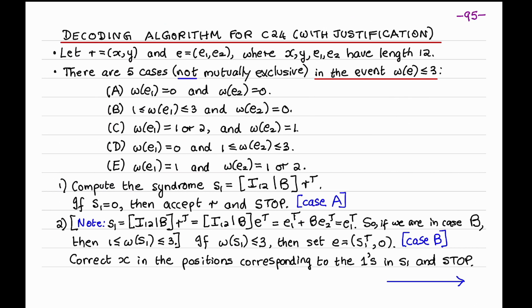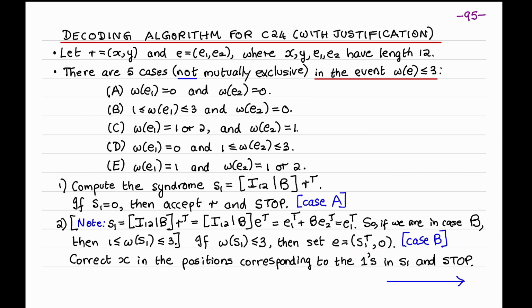So if the error vector is of type B, then its syndrome is E1 transpose, which has weight 1, 2, or 3. And thus, if S1 has weight at most 3, then we'll correct X in the positions corresponding to the 1s in S1 and stop. In other words, in this case, we're taking the error vector to be S1 transpose with 12 0 bits appended to its right.